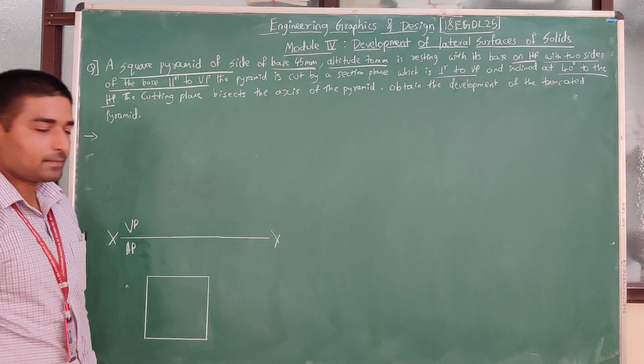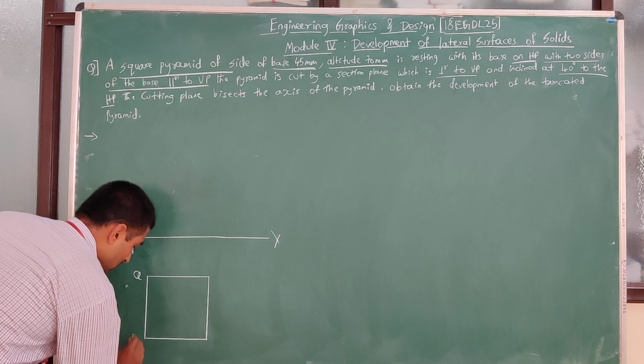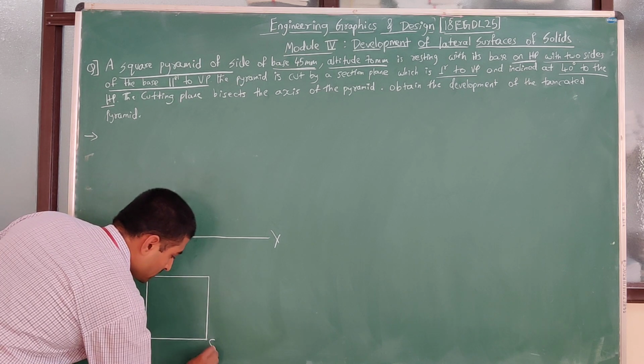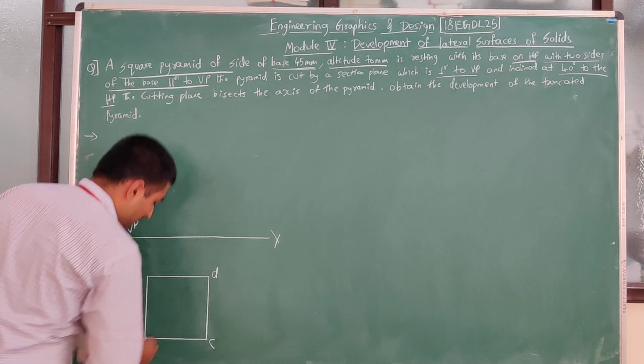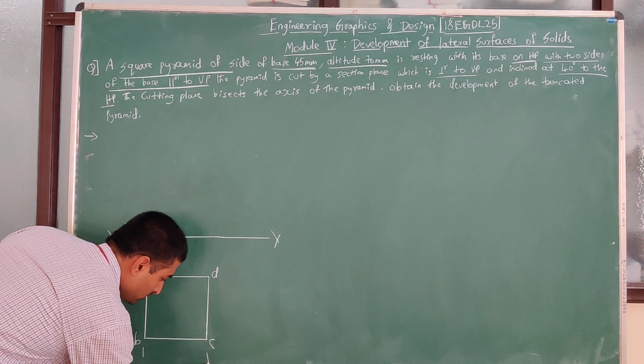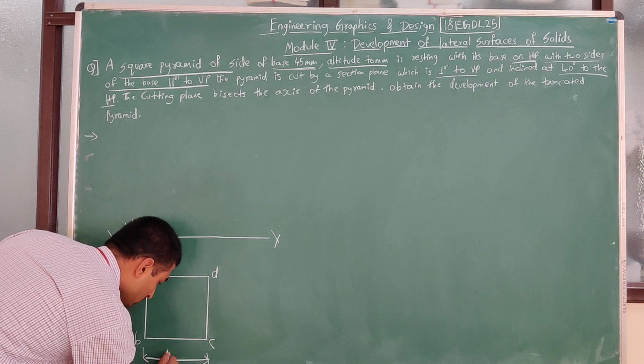I have drawn a square pyramid, with the namings always from the left hand side, and each edge length is 45 mm, as given in the question.